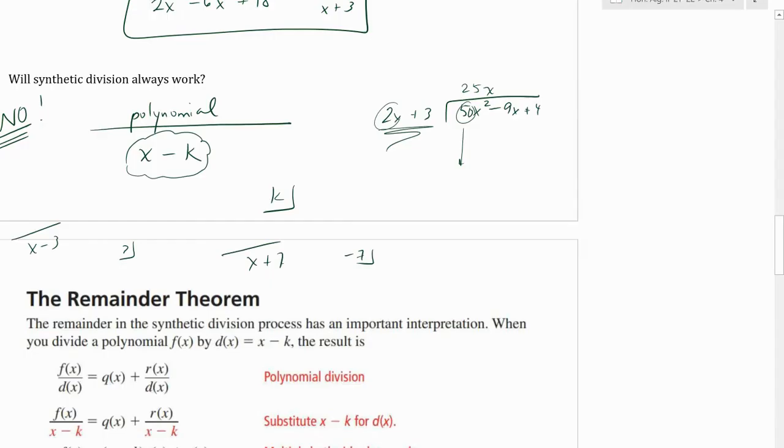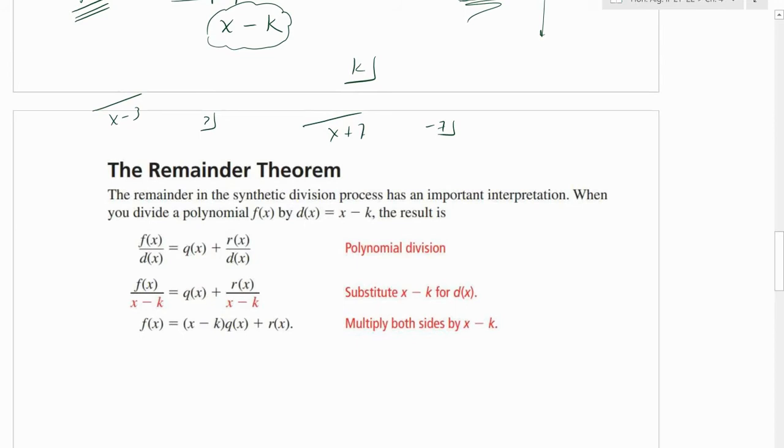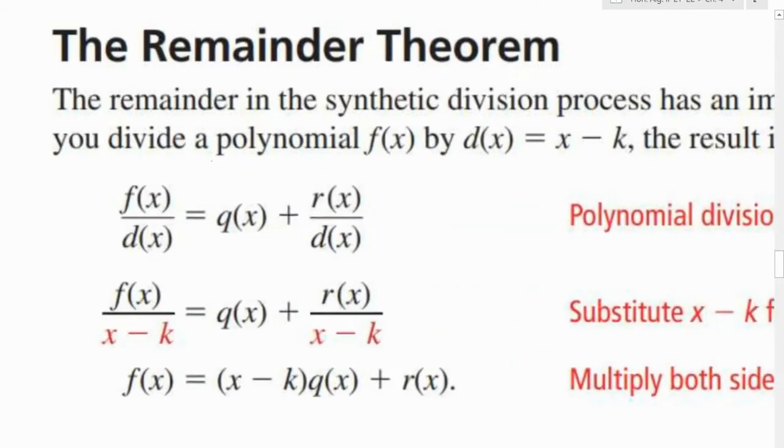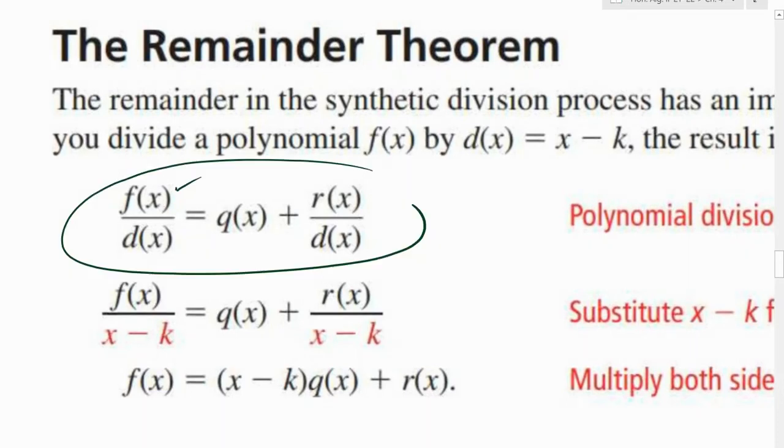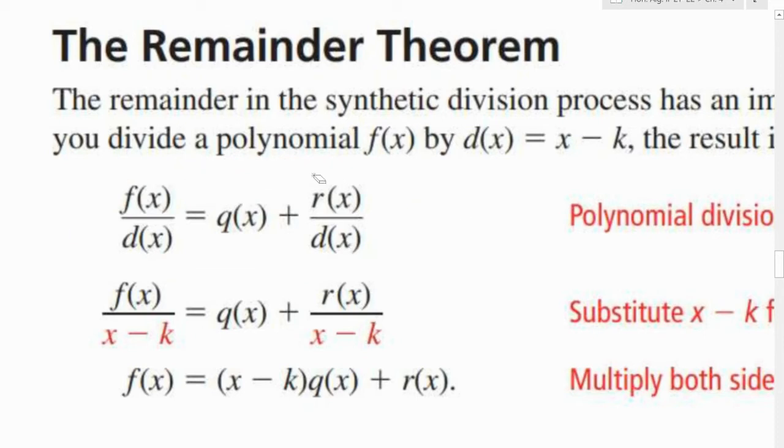Okay? All right, and then the other part of this lesson is something called the remainder theorem. So we just figured out, well, actually, yesterday we figured out this, that if you take some polynomial function, you divide it by a divisor that's also a polynomial function, it gives you a quotient polynomial, and then there's a remainder out of which you're dividing by. Okay, that's what we did with long division.